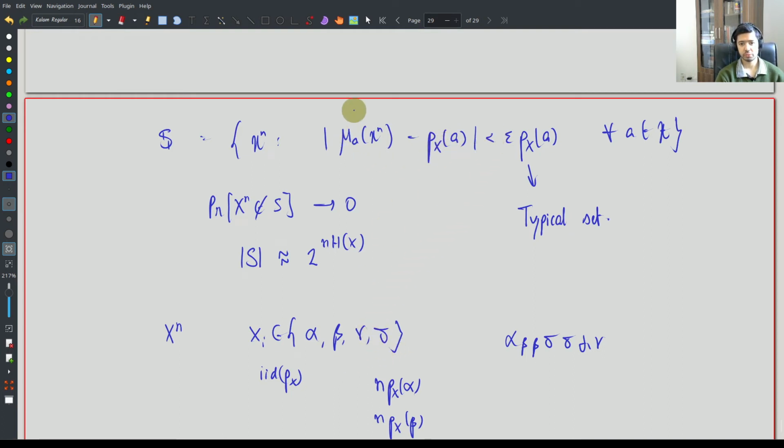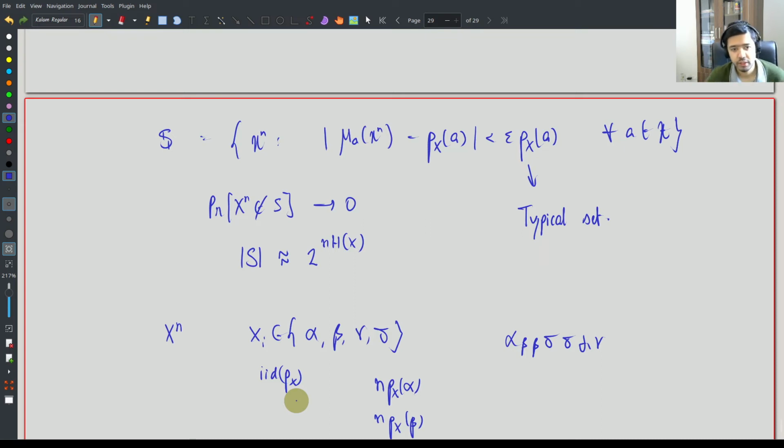So that is what this statement is saying: the fraction of times a occurs in the sequence is epsilon close to the probability of a, and this is true for all a, in other words for alpha, beta, gamma, and delta. Is that clear?